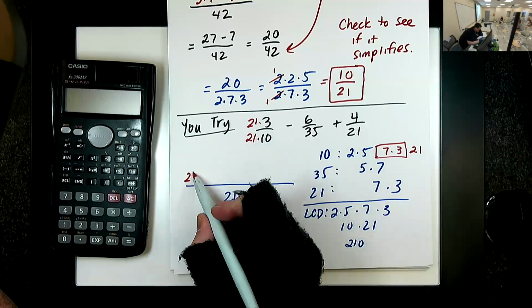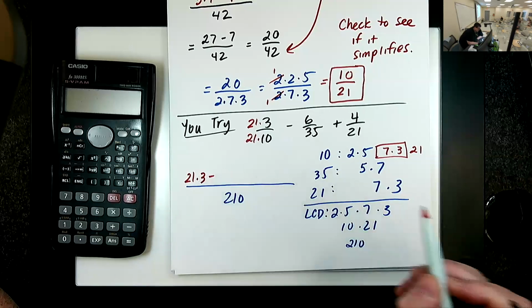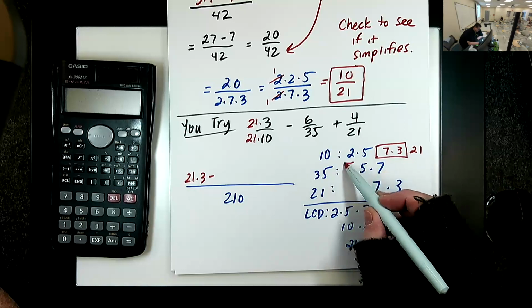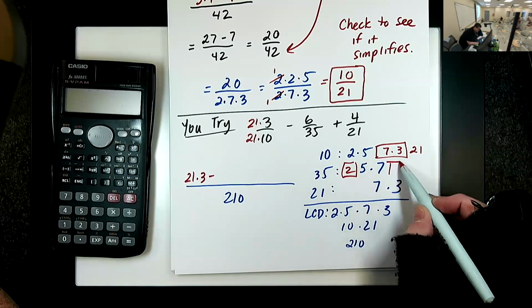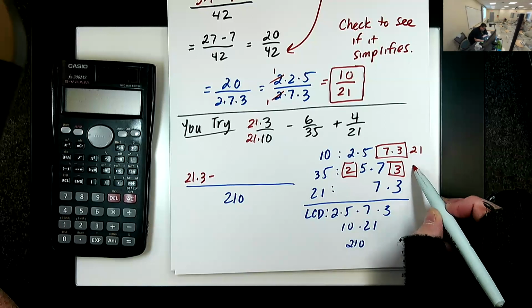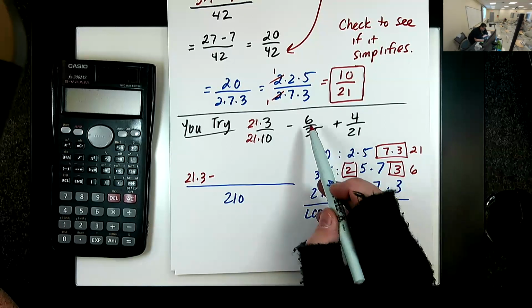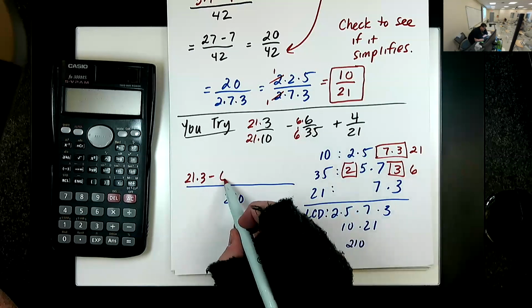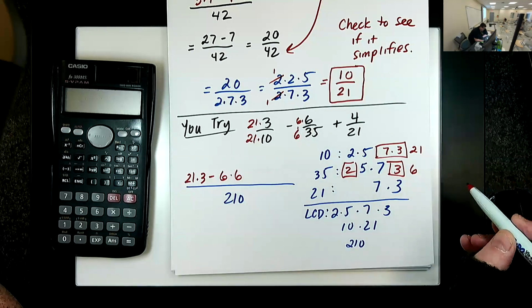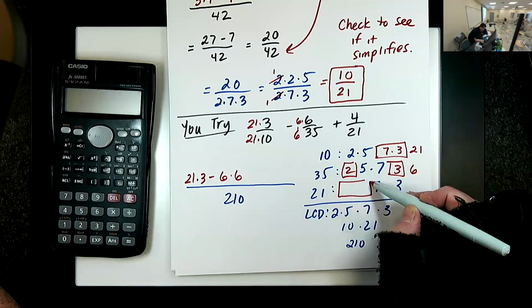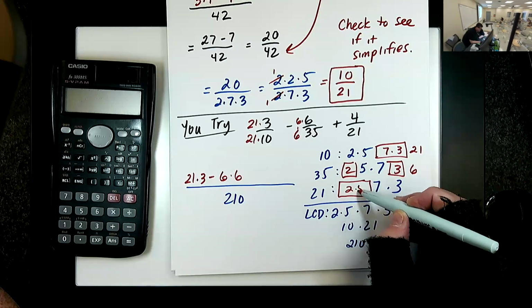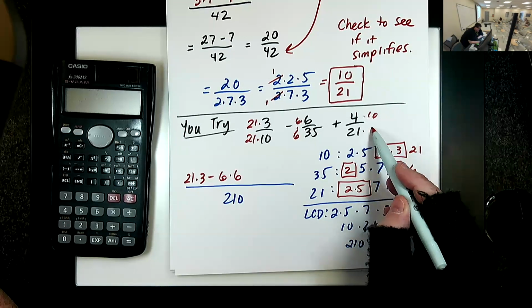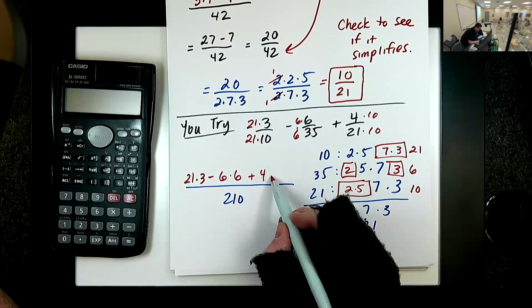So I've got 21 times 3 right there. 35 is missing the 2 and the 3. 2 times 3 is 6. So this needs a 6 times a 6. So minus 6 times 6. And 21 is missing the 2 and the 5. 2 times 5 is 10. That needs a 10 and a 10, or plus 4 times 10.